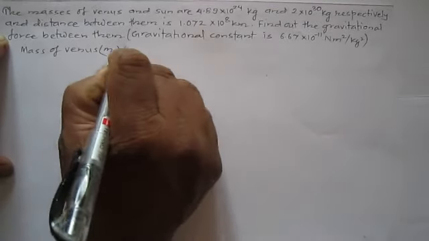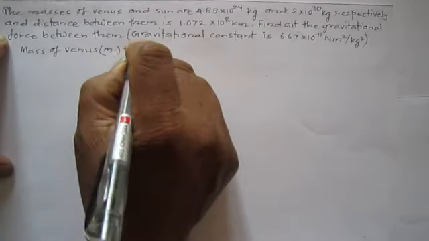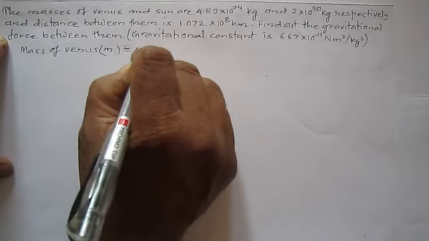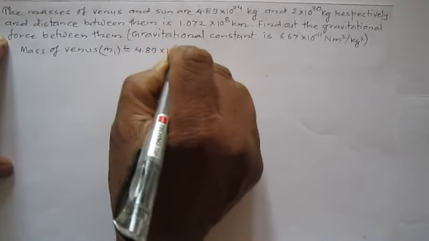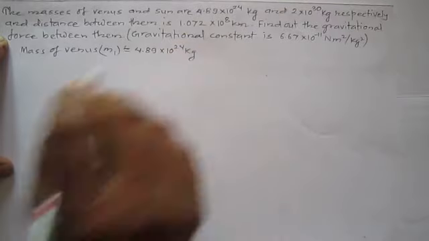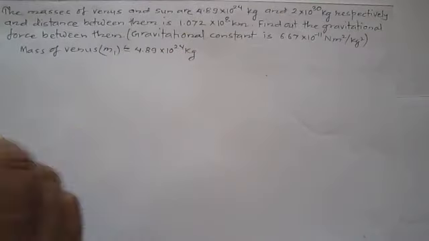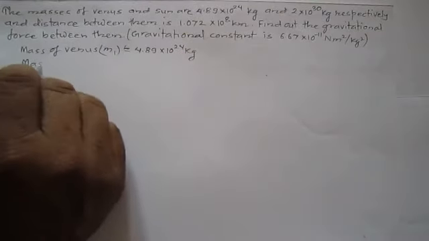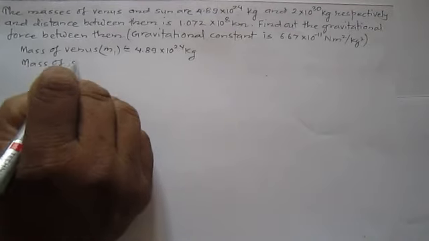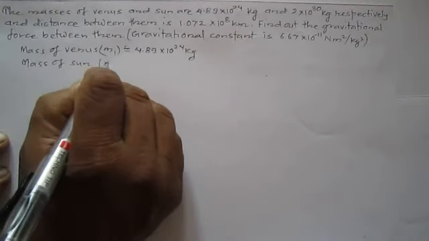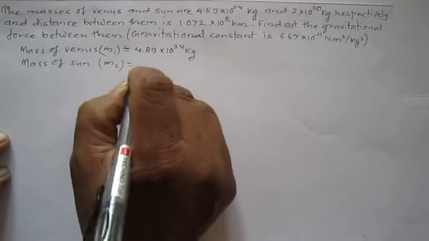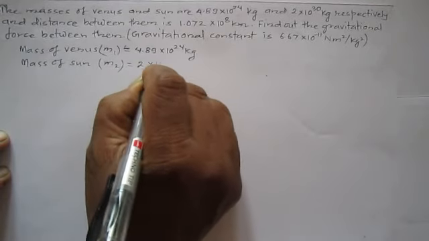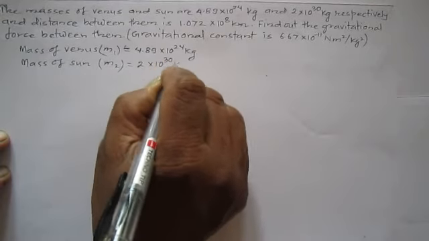That's why this is m1 and this is equal to 4.89 into 10 to the power 24 kg. Now another mass is the mass of Sun. I am writing the mass of Sun, denoted by m2, is 2 into 10 to the power 30 kg.